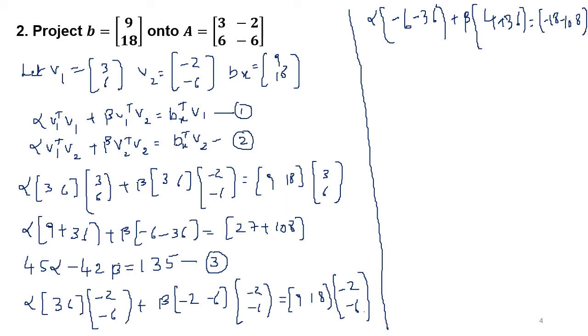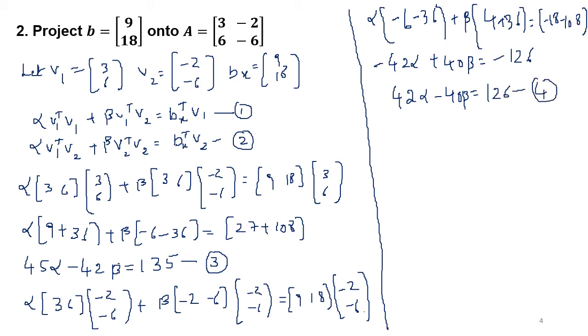So we'll try to simplify this. We'll get minus 42 alpha plus 40 beta is equal to minus 126, or simply 42 alpha minus 40 beta is equal to 126. Let this be equation number 4.